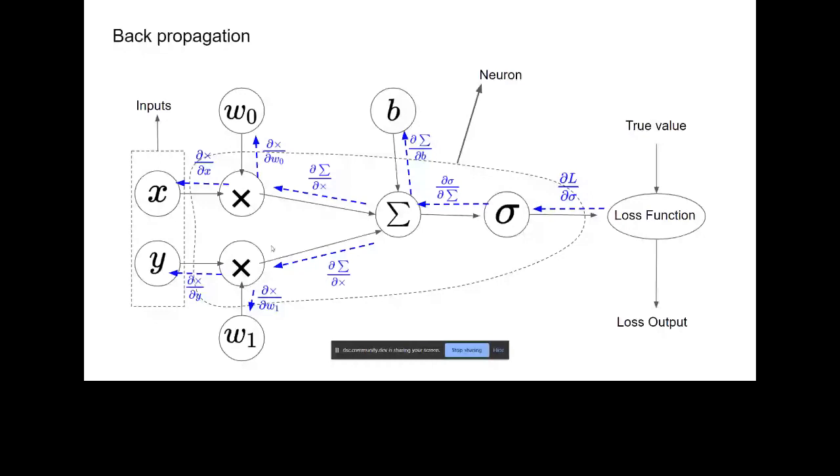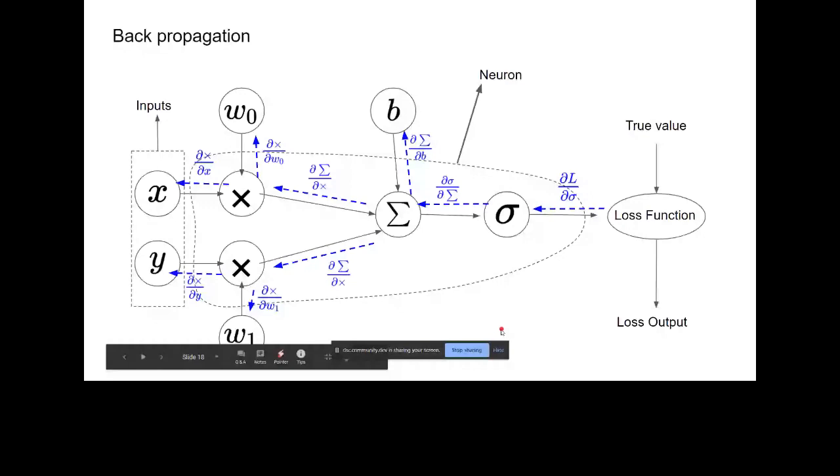If I multiply all the gradients along this path, I will get the gradient of the loss function with respect to the weights. So once I have the gradient of the loss function with respect to bias, W0 and W1, I just have to do gradient descent. So I have the gradients basically.